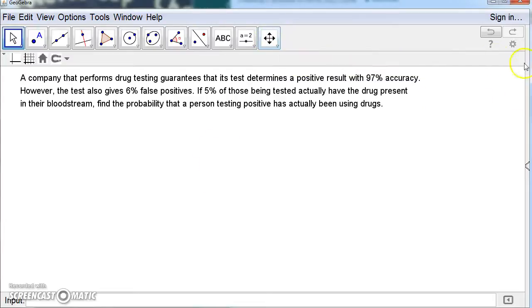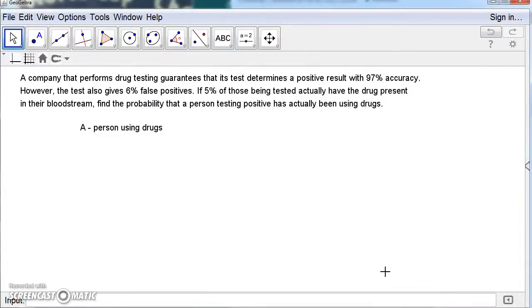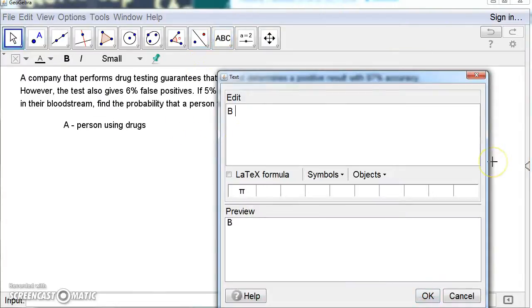So what we're going to do for ones like this, and again, these ones are important for the test, we're going to go over ones like this. We're going to start with defining some events here. So we're going to call event A, person using drugs. And then event B is testing positive.